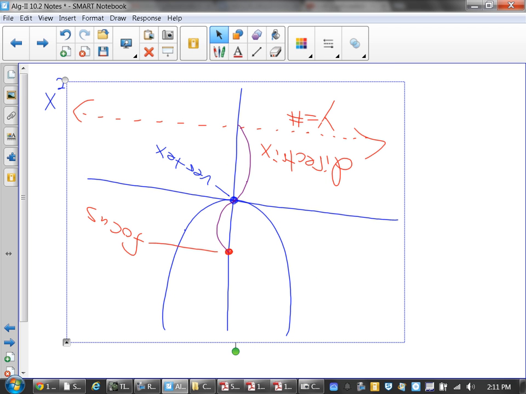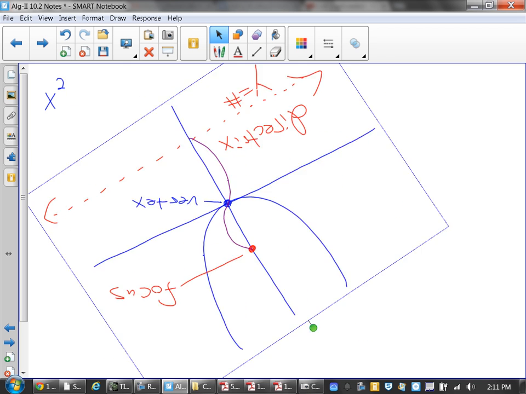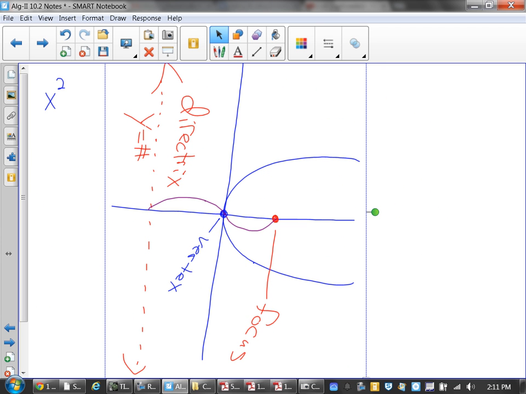Notice how the parabola is just opening downward. It's still opening to the focus. The directrix is still counterbalancing it behind. It also does the same thing if it's turning left and right. But what changes? x equals. The only thing that changes is that your directrix becomes a vertical line.